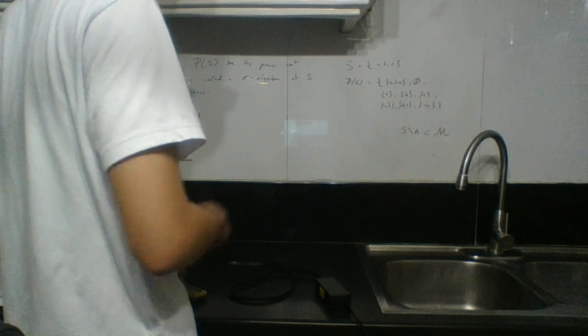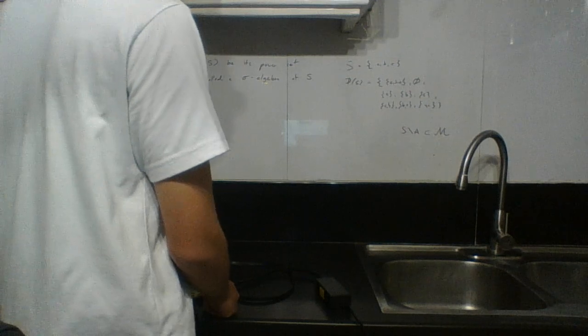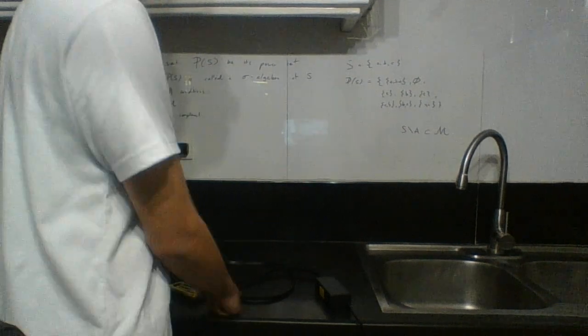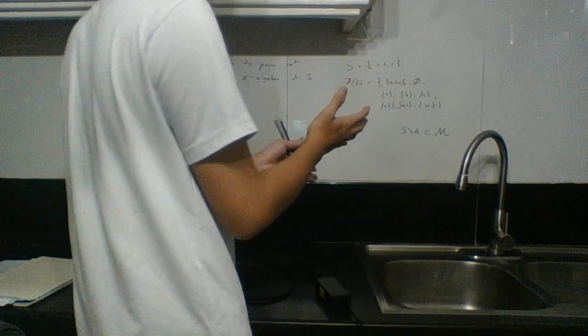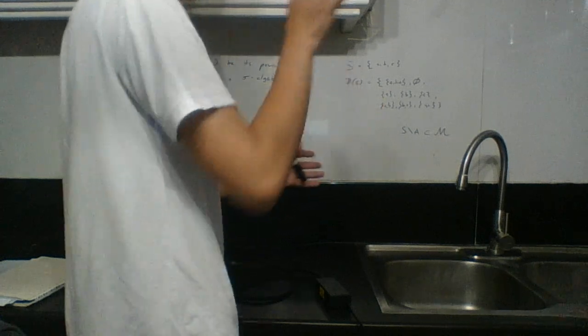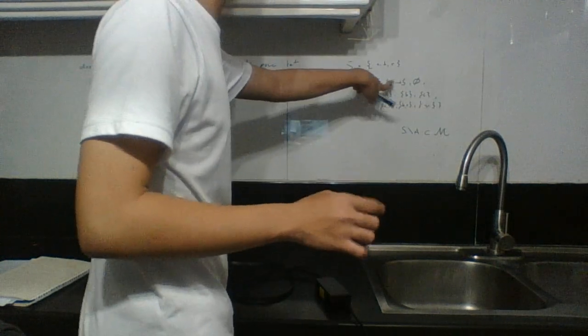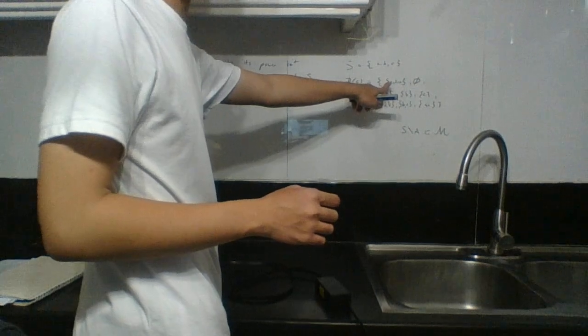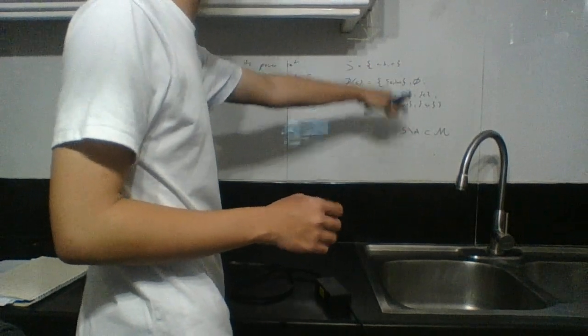The set {A, B, C} can technically be a sigma algebra, because if I take the singleton set B and remove it from S, the remaining stuff is still inside the sigma algebra.